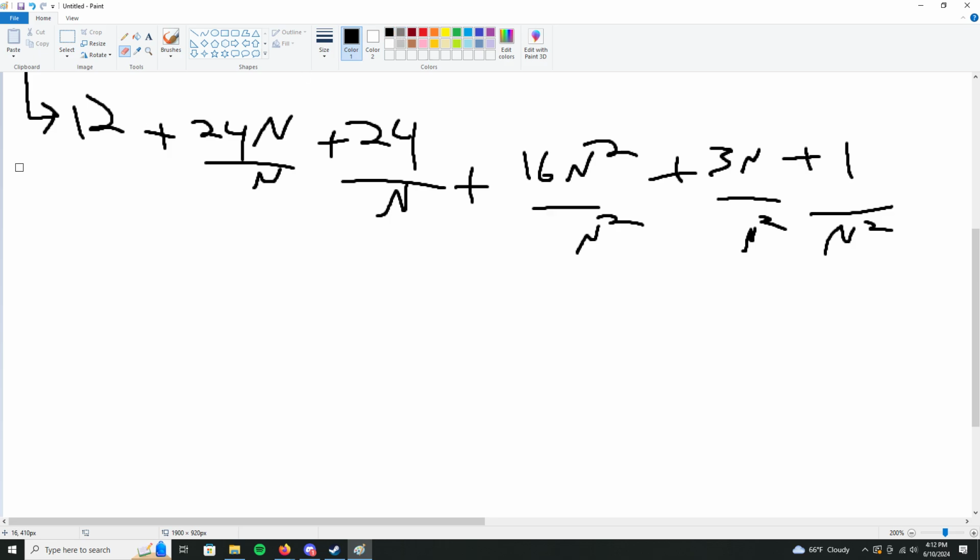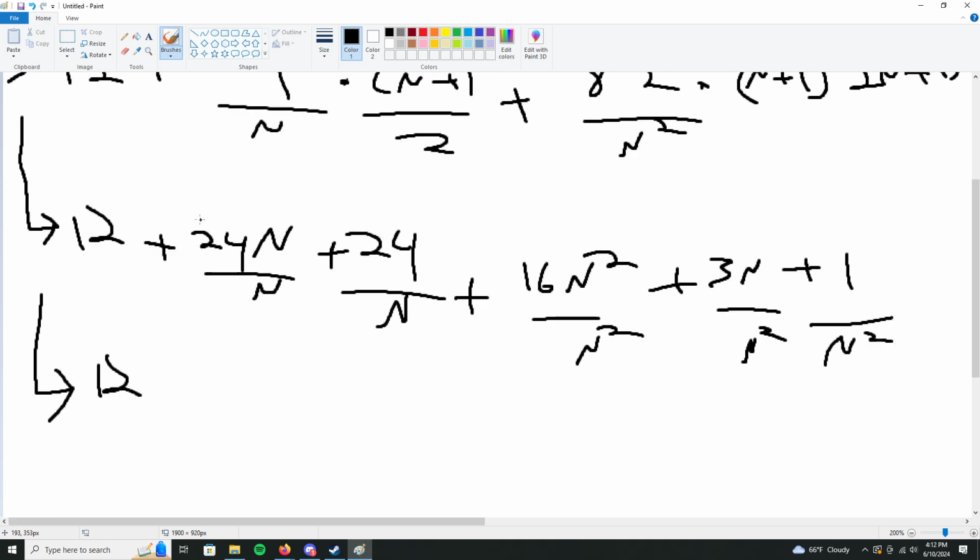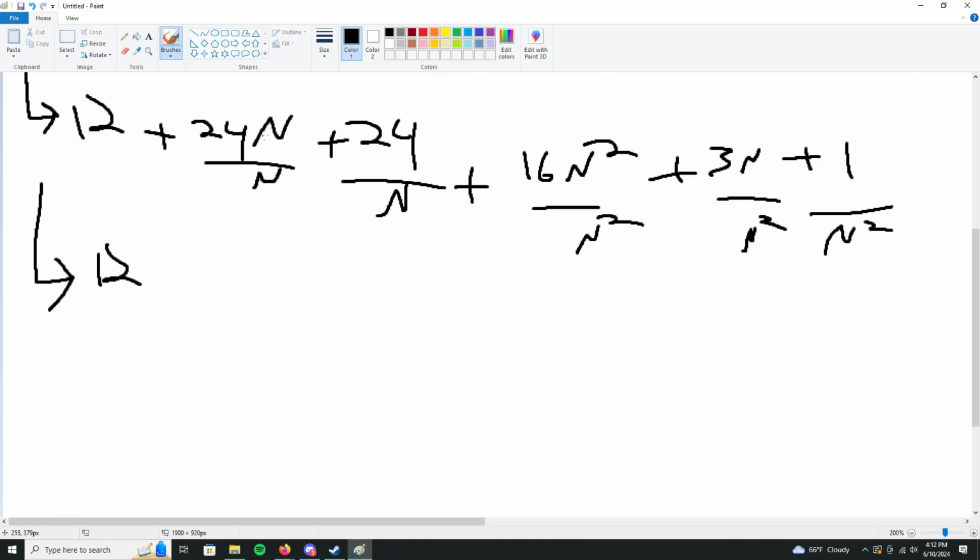Okay, now we can cancel. 12 is just 12. For 24n over n, these n's will cancel, which just gives you 24. 24 over n, as n is approaching infinity, is just going to be 0.